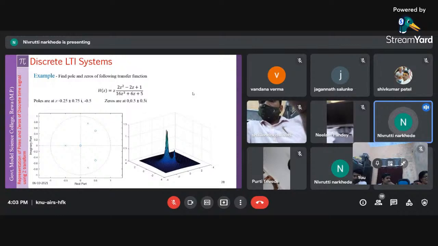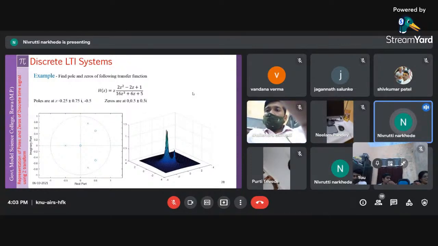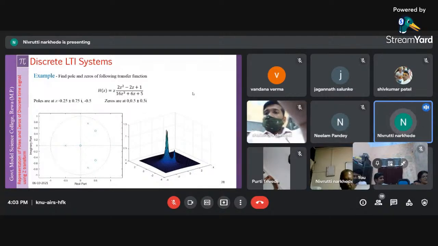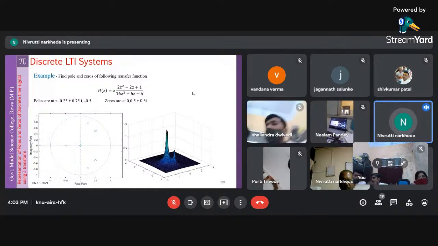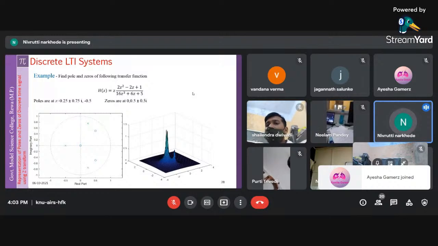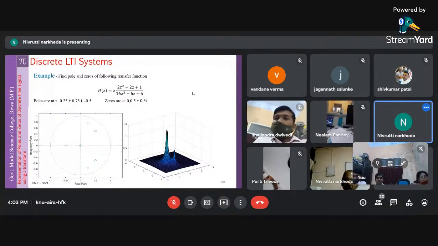So find the poles and zeros of the function. If we equate the denominator to 0 and solve, we get 3 poles because it is a cubic polynomial, 16z cubed plus 6z plus 5. The poles are z equal to 0.25 plus or minus 0.75 i. That is 2 poles, one with plus and another with minus. So there are 2 complex poles and one real pole, which is minus 0.5.